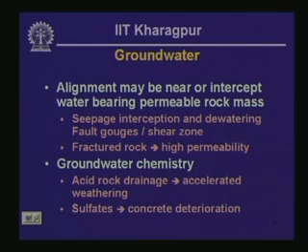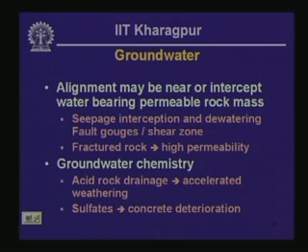Groundwater is another issue tackled by engineering geologists while designing a tunnel. This issue particularly arises in the case of alignments that are near water bearing permeable rock layers. Seepage and interception, dewatering becomes a problem here, particularly if the rocks are fractured and highly permeable. You also have to consider groundwater chemistry.